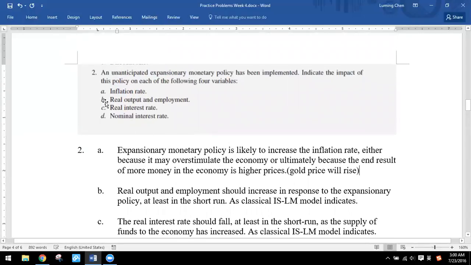B. Real output and employment. Real output and employment should increase in response to the expansionary policy, at least in the short run, because expansionary monetary policy is used to stimulate the economy.